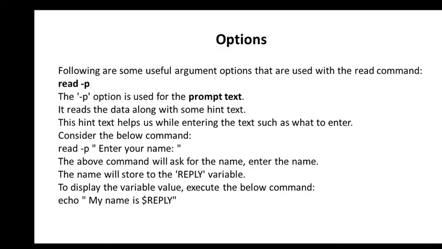Consider the below command: read -p "Enter your name". The above command will ask for the name; enter the name. The name will be stored in the REPLY variable. To display the variable value, execute the below command: echo my name is $REPLY.